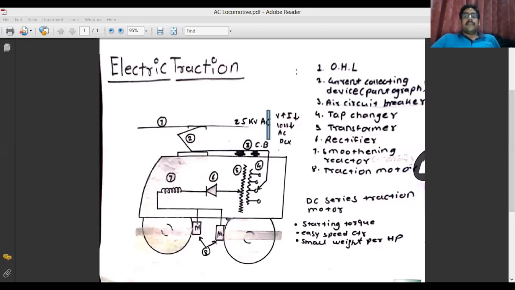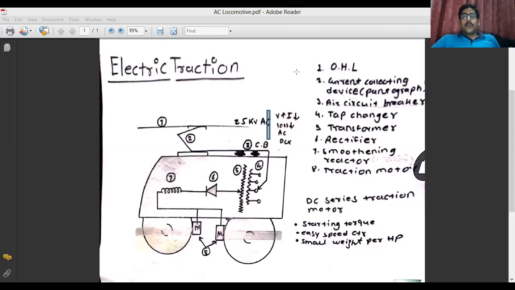Generally, this voltage ranges from 16 kV to 25 kV, and is taken from an overhead conductor, which takes the supply from a nearby substation or grid station or traction substation. So in this overhead transmission line, a very high voltage, as I have already explained, about 16 kV to 25 kV, is working.